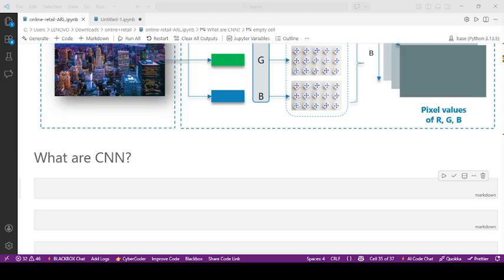Next, we shall see how convolutional neural networks work. So what are convolutional neural networks? They are neural network architectures made up of neurons with learnable weights and biases.